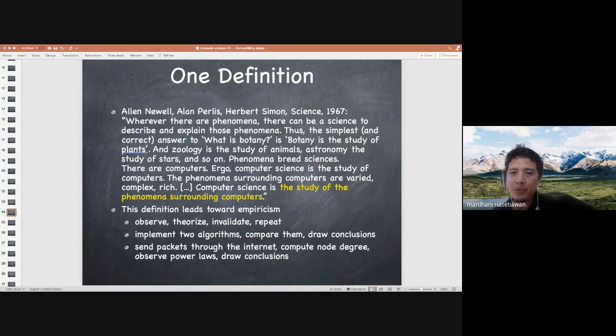If computer science is meant to be objective, yes, of course. I think computer science is meant to be objective because when we see this, we try to explain the phenomenon surrounding the computer. So when we want to explain the phenomena surrounding the computer, the main aim is to be honest and objective. Objective means we speak based on the real facts that we found and captured in that moment.